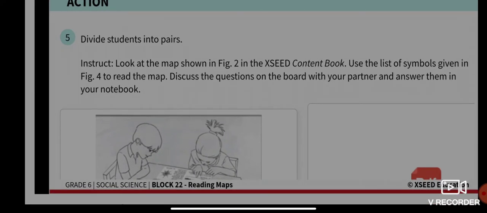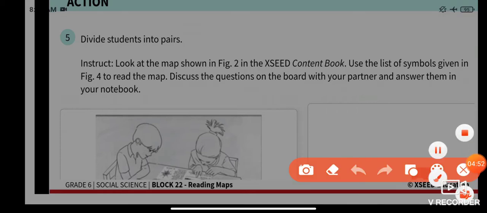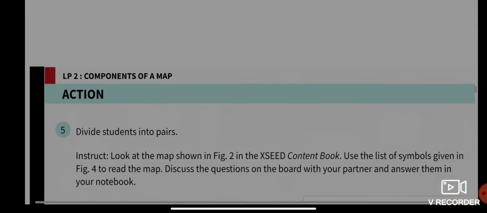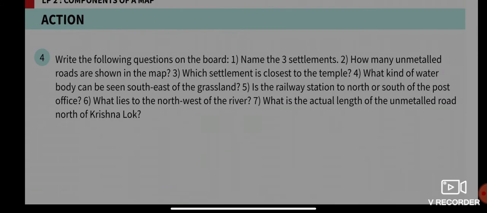All right, now you have to look at figure 2 of your exit content book. Okay, I'll even show you figure 2 and figure 4 to read the map. So what you have to do is use the list of symbols given in figure 4 to read the map and discuss the questions on the board. Alright, and then after that you have to come back to these questions.